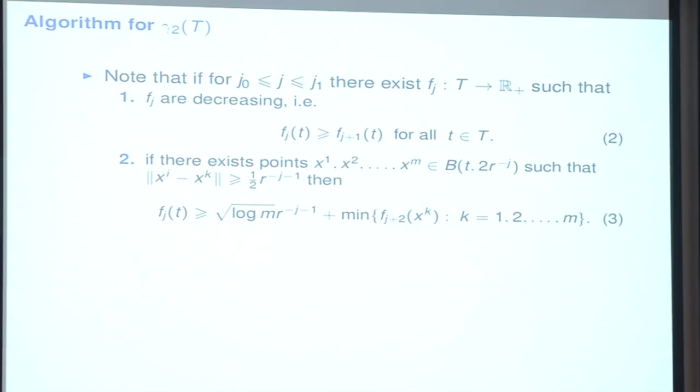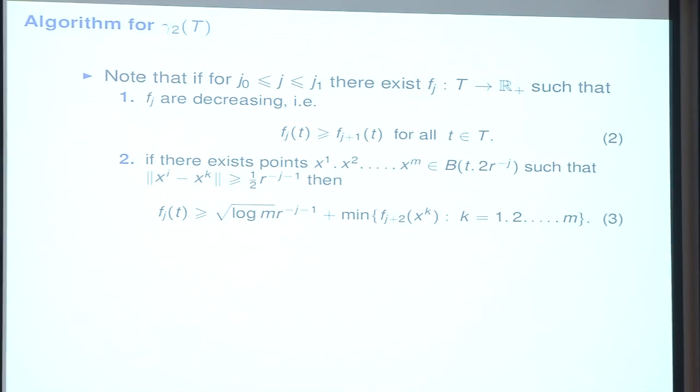And the idea is that if we have any family of points in a ball of radius 2^{-j}, and we can find points that are well separated, but at the lower level, 2^{-j-1}, here we put 1/2 because the whole idea requires such a pay here.